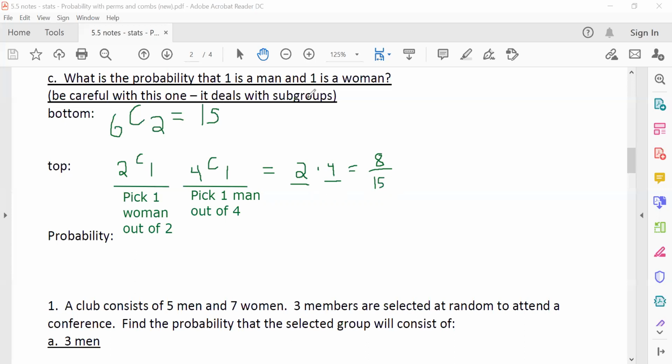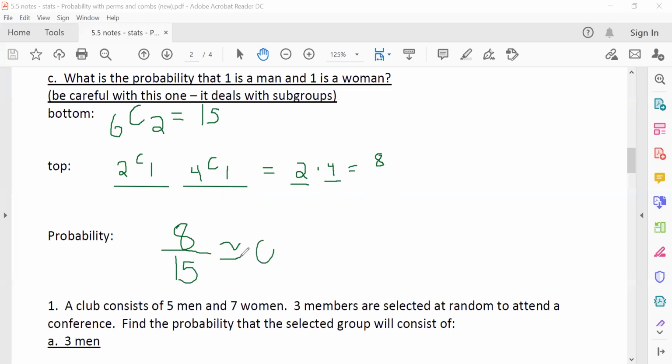The probability is going to be 8 over 15, which is going to be about, if we round, about that much. So the most likely outcome, if you're just picking a group at random, you're going to get one man and one woman. But it's possible you get two women. It's possible you get two men.